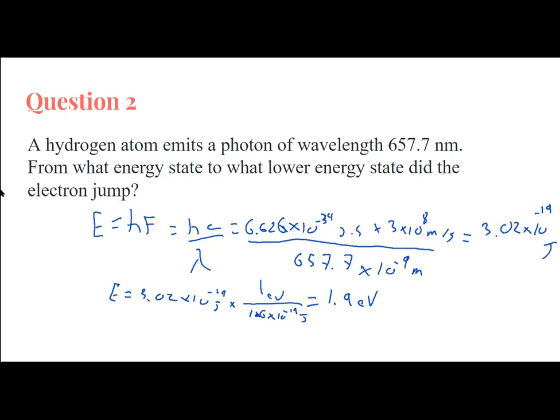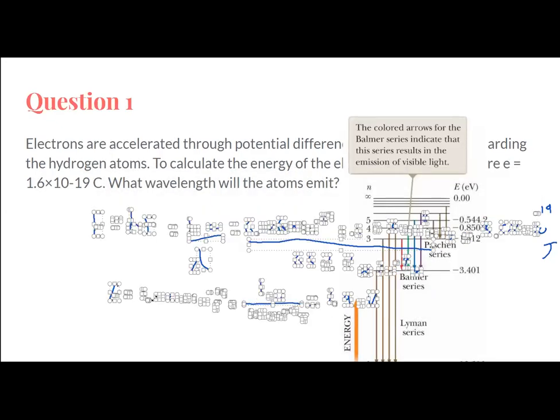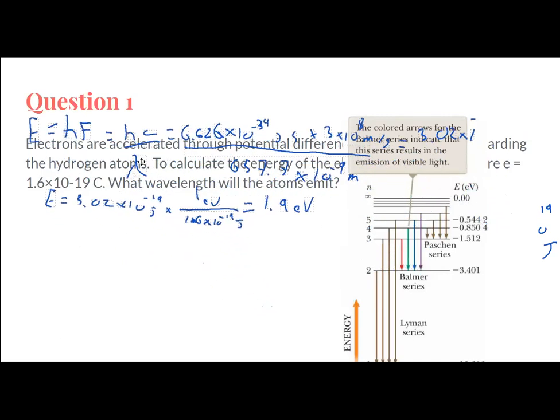If you look back at the diagram for the energy levels of the electron, we note that the gaps between the levels tend to decrease really quickly. So for a gap of about 1.9 electron volts, it must have been a transition from the third state to the second state, because the second state is lower than the third state in energy by about 1.9 electron volts.